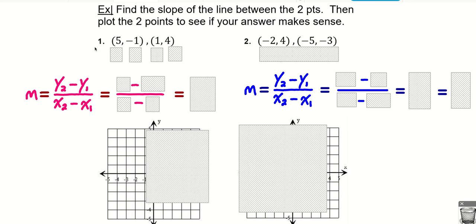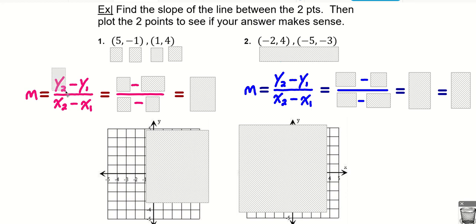In example 1, we have 5, -1 and 1, 4. So like I said, in theory, you can plot these and then count the rise and the run. But we're going to use this formula, okay? And again, what this says is y sub 2 minus y sub 1 up here in the numerator.